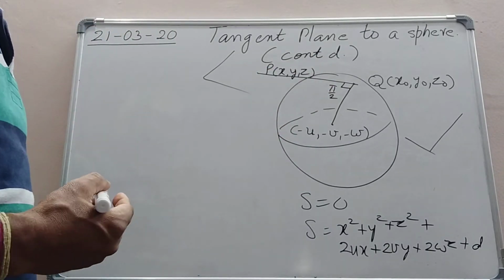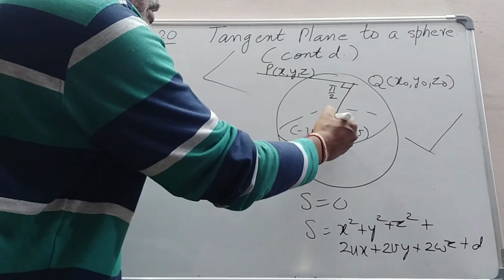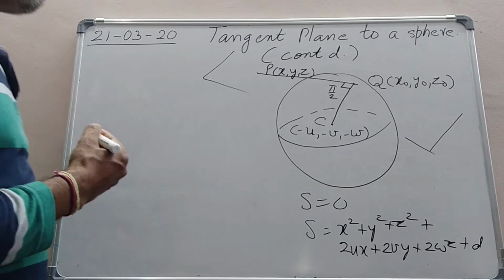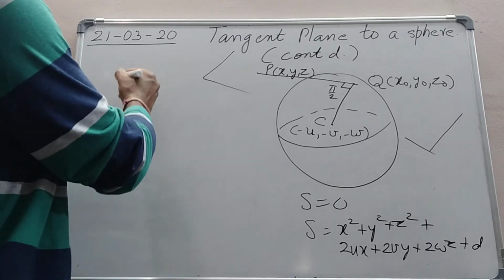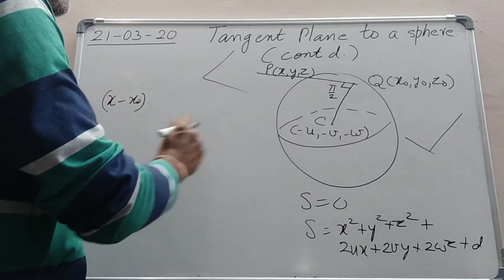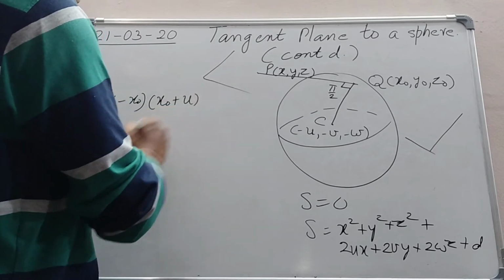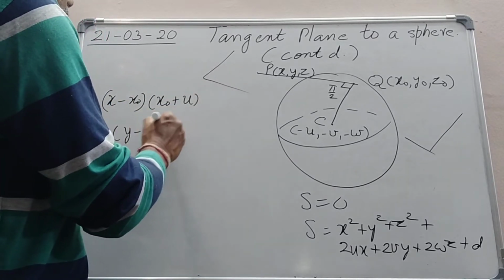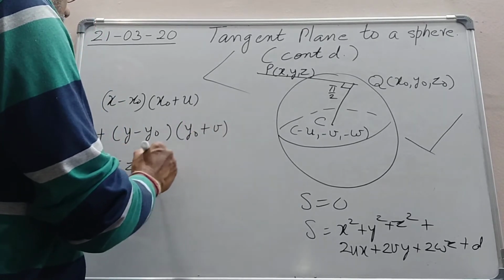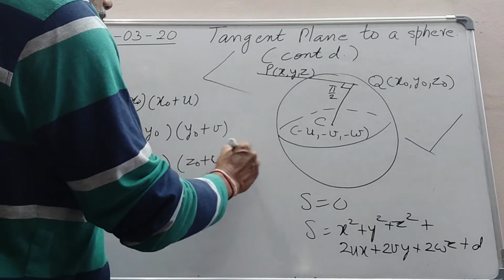And from this, looking at the direction ratios of the line PQ and CQ, C being the center of the sphere, we had written down the following equation: x minus x0 into x0 plus u, plus y minus y0 into y0 plus v, plus z minus z0 into z0 plus w, equal to 0.